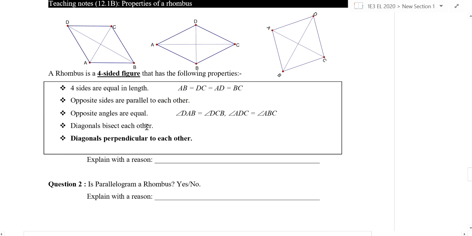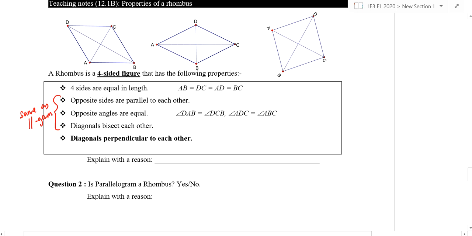Next part of this notes is on rhombus. So a rhombus is a four-sided figure where four sides are equal in length, opposite sides are parallel to each other, opposite angles are equal, diagonals bisect each other, and one more point, the diagonals are perpendicular to each other. So if you notice, for these three properties, they're the same as a parallelogram.